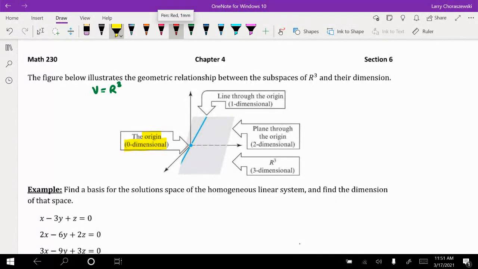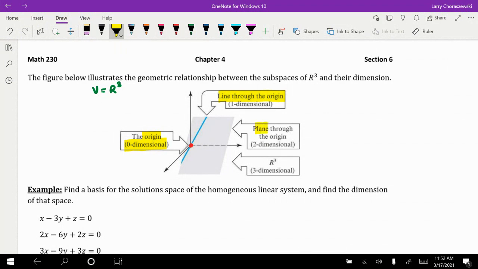Okay, so that would be a vector subspace consisting of just the origin, or the 0 vector, and that's 0-dimensional. Another subspace of R3 would be a line through the origin, which is in blue right here. Okay, and we know just by basic geometry that a line is 1-dimensional.